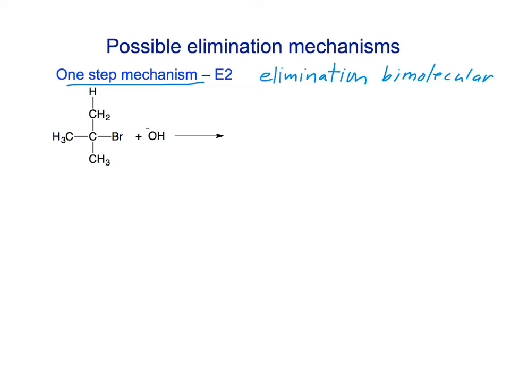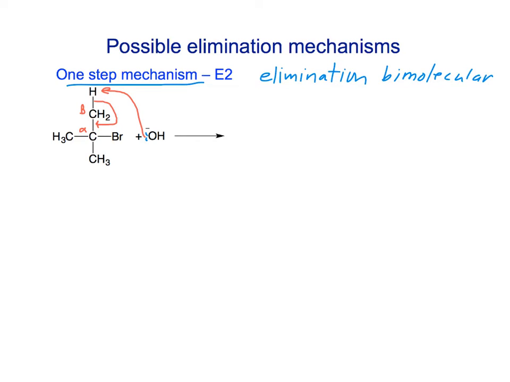It's a single-step mechanism, and so all in one step, the base is going to react with a proton on a beta carbon. It's going to remove that proton. The electrons in that hydrogen-carbon bond are going to move down to form a pi bond right here.